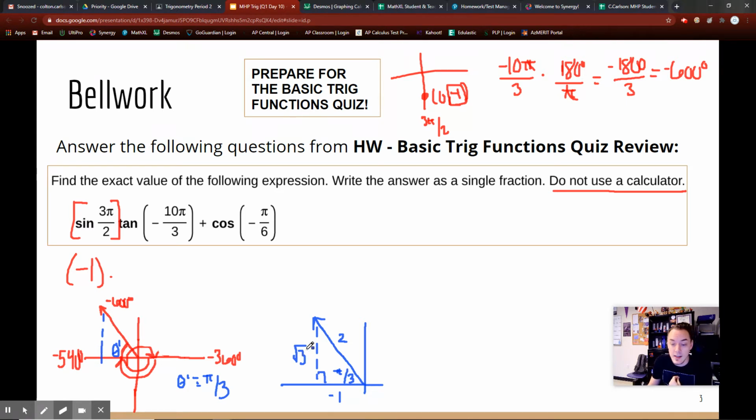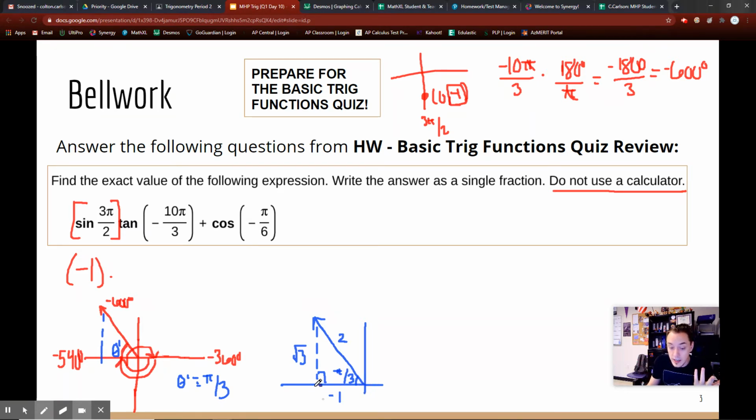If this was pi over 6, I would put that as a 1, and then I'd put the other side as radical 3. So I just see the 3's and I just know that they're opposite of each other. That's how I can build the triangle so fast.